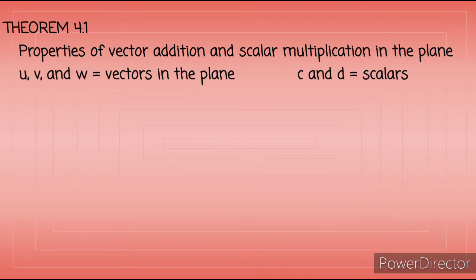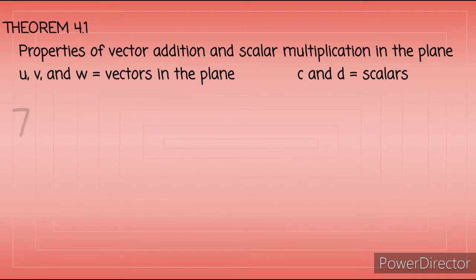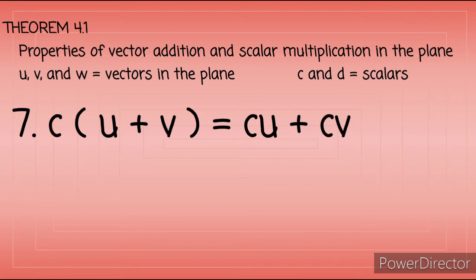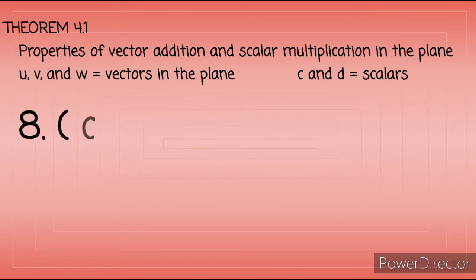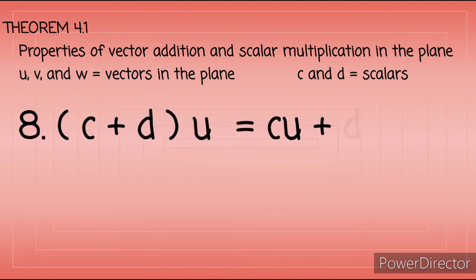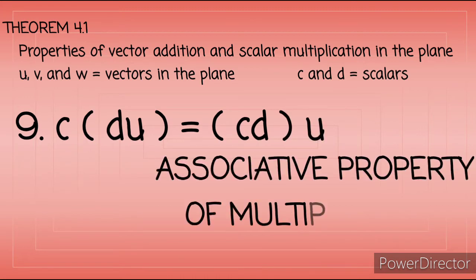The next 5 properties are under scalar multiplication in the plane. 6: cu is a vector in the plane, closure under scalar multiplication. 7: c(u + v) = cu + cv, distributive property. 8: (c + d)u = cu + du, distributive property. 9: c(du) = (cd)u, associative property of multiplication.